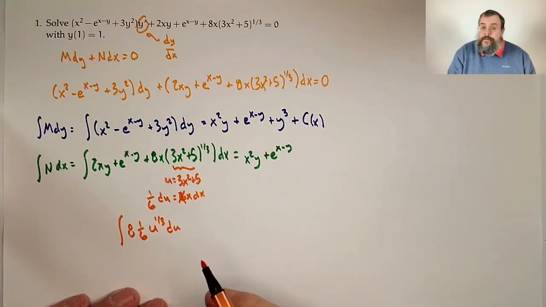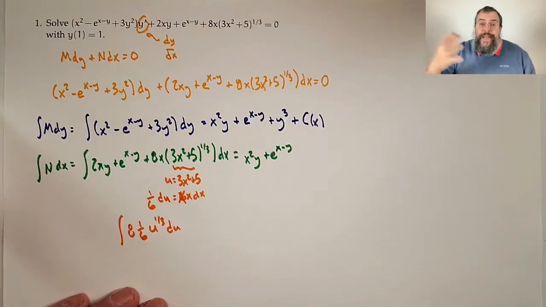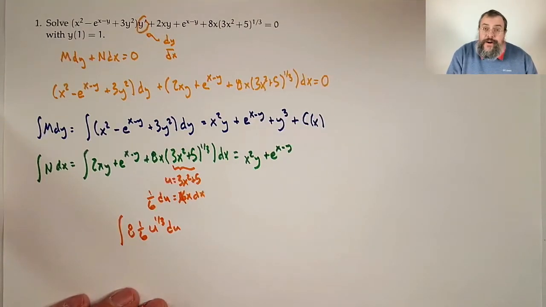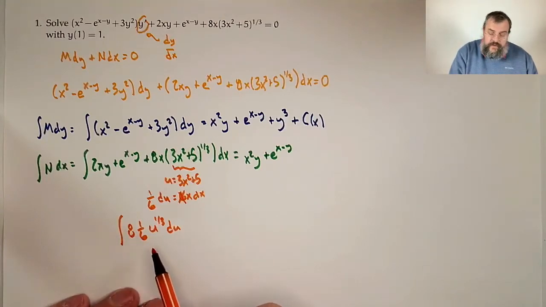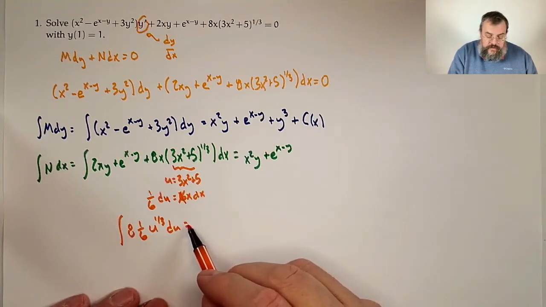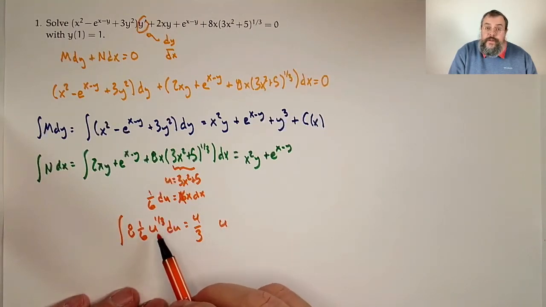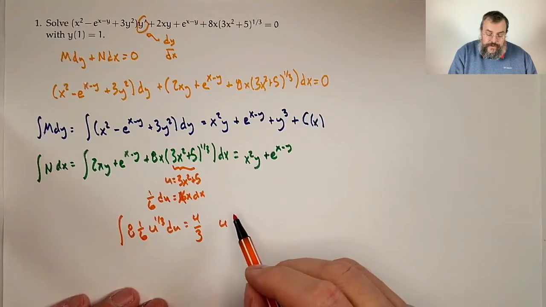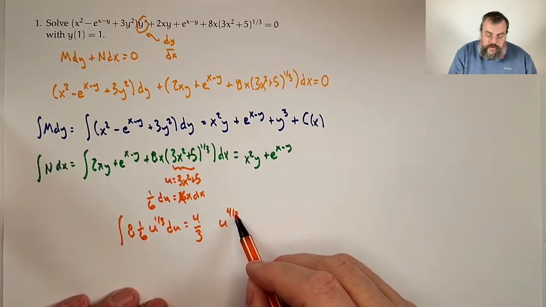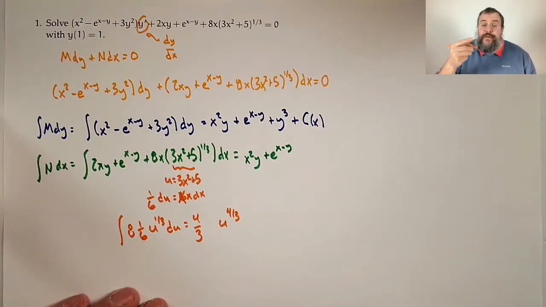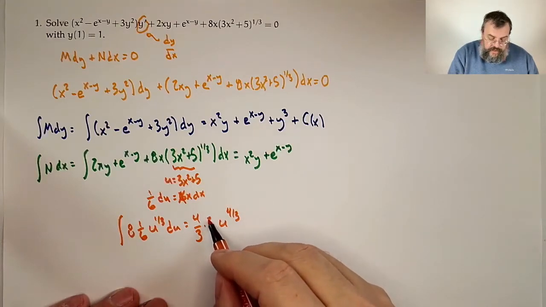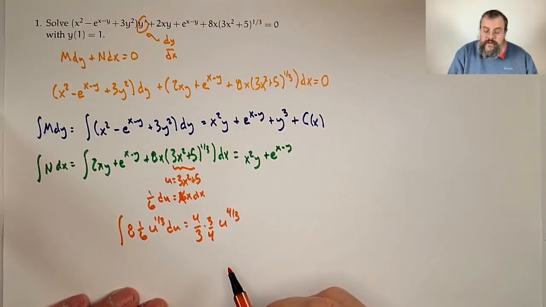All right, well, now that's great. We know how to integrate that. That's not bad at all. Now, 8 and 6 have common factor 2. So you'd say, well, that's 4/3. And then you would add 1 to the exponent. So 1/3 plus 1 is 4/3. Then multiply by the reciprocal, which is 3/4.